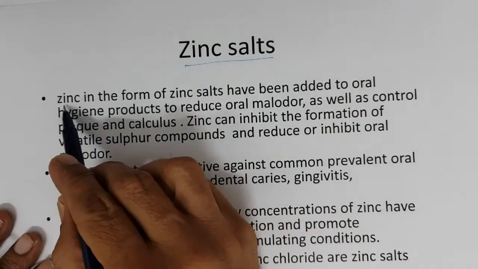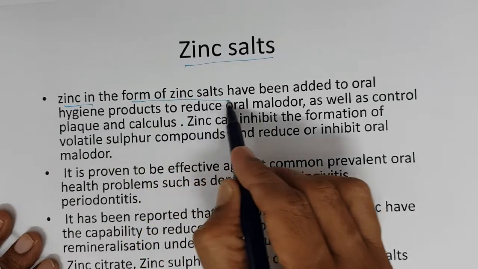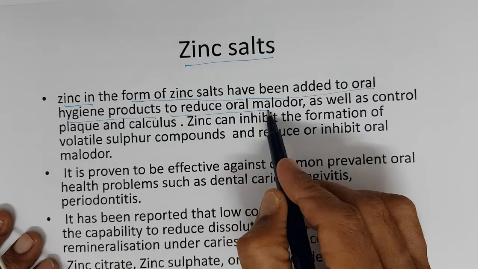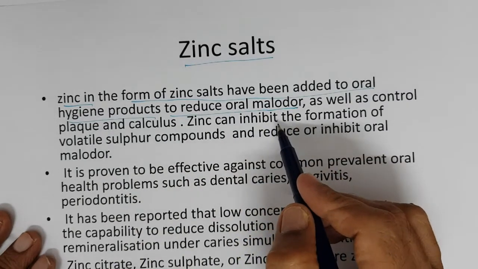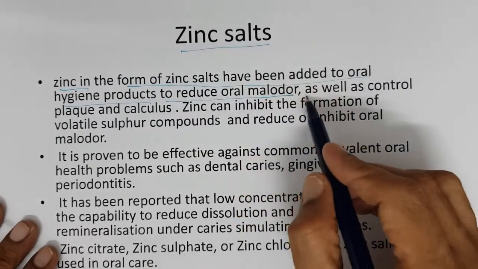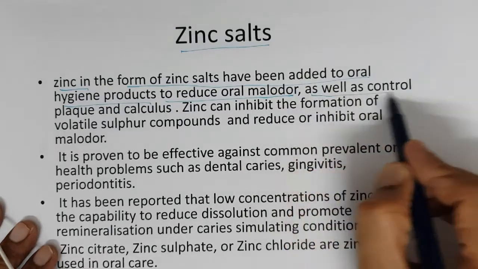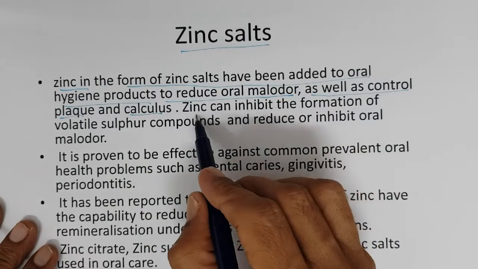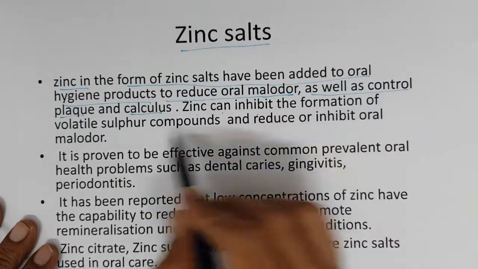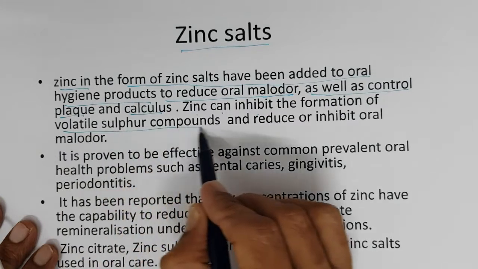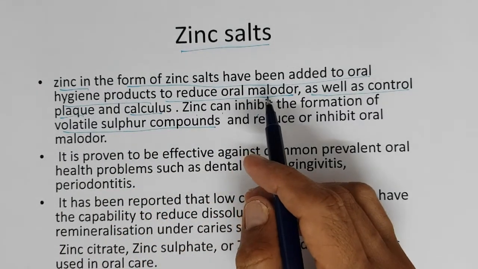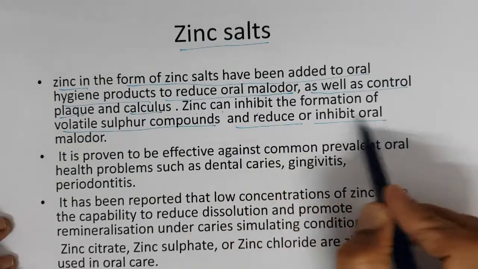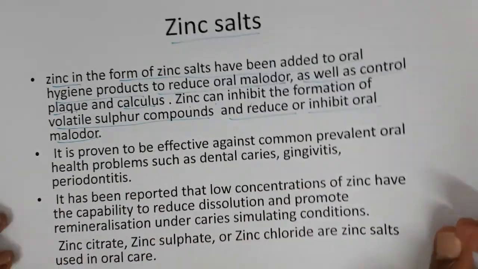Right? Zinc in the form of zinc salts has been added to oral hygiene products to reduce oral malodor. Okay, because as well it controls plaque and calculus. Right? Zinc can inhibit the formation of volatile sulfur compounds. We saw mouth odor is because of the sulfur compound, and zinc reduces or inhibits oral malodor.